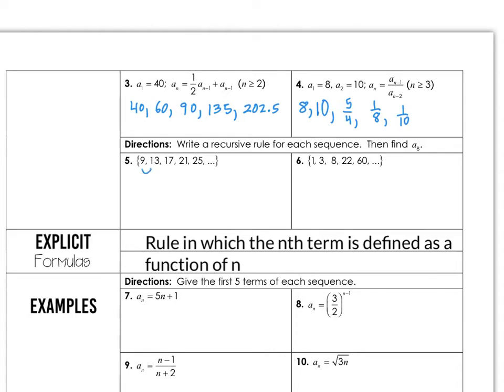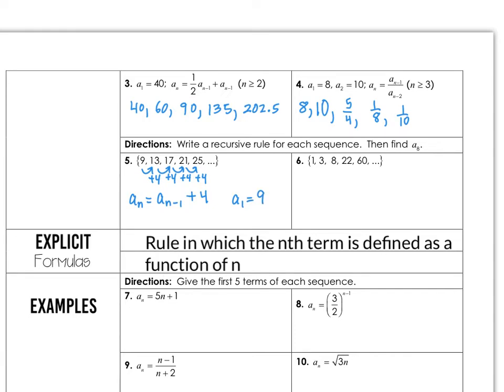This one's not too bad because it looks like each time they're just adding 4. So that helps. Then the nth term would be the term in front of it plus 4. And we have to specify that the first term is 9 when you write a recursive rule.